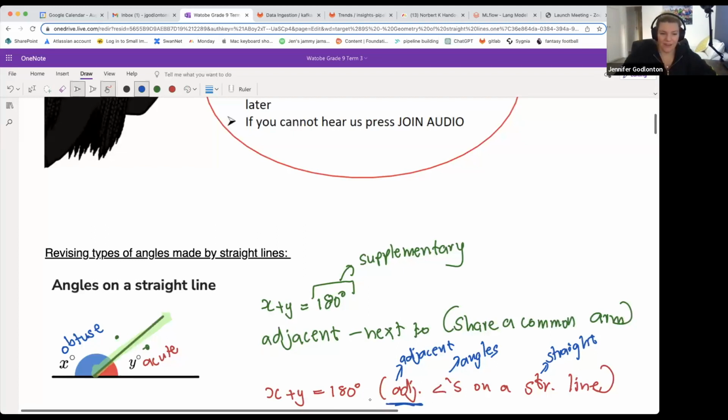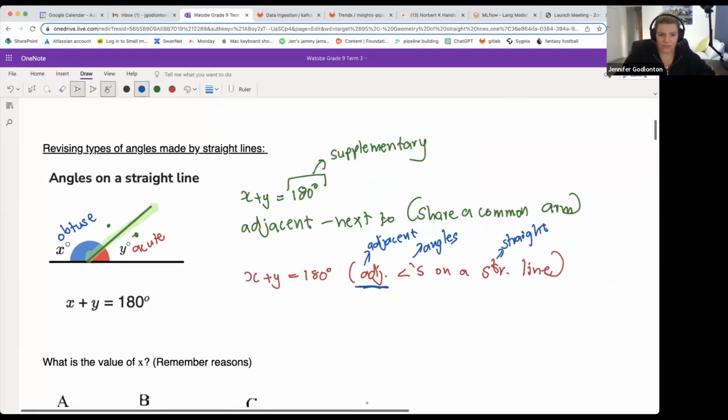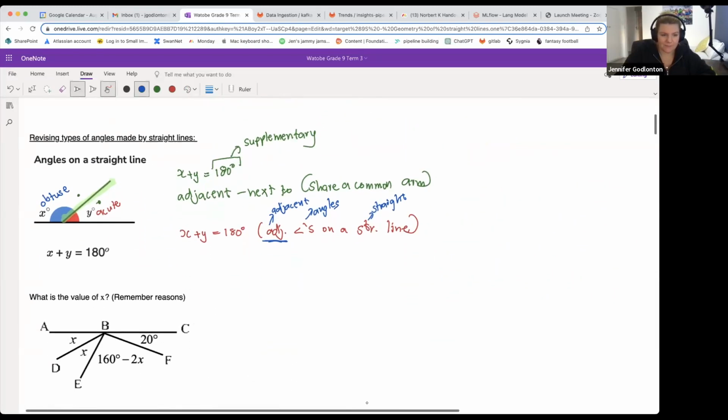All right, let's do a quick question to test our knowledge with this one. I need to find the value of X in this question. Remember, you're going to need to write a statement, and your first statement is going to look like an equation. Then you need to give me your reason.